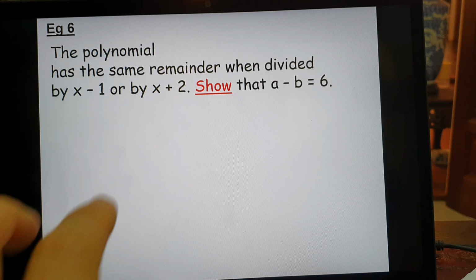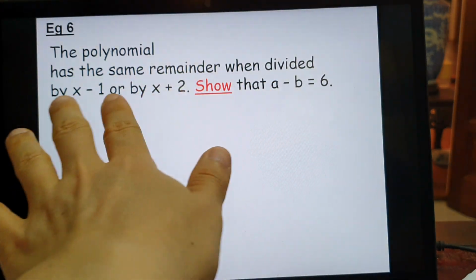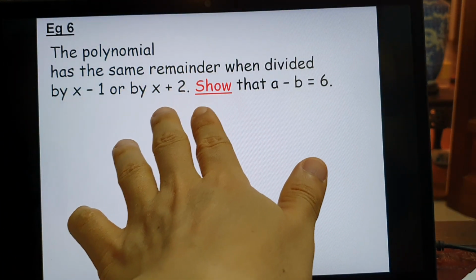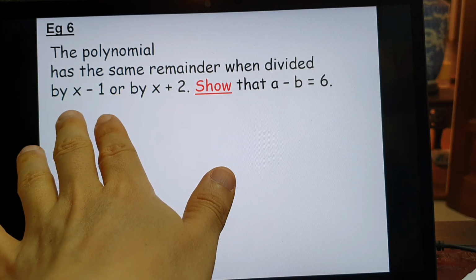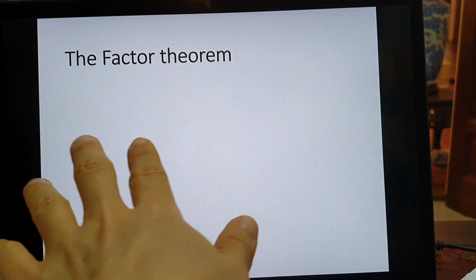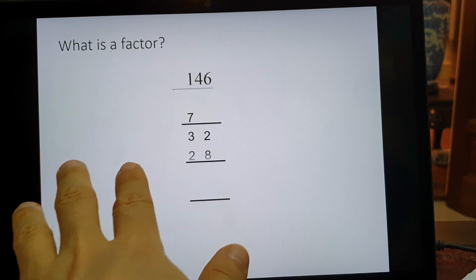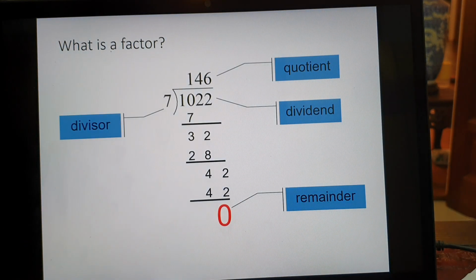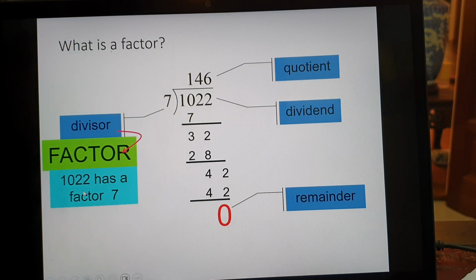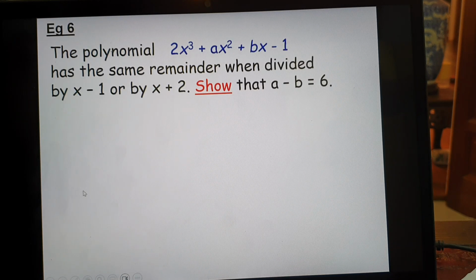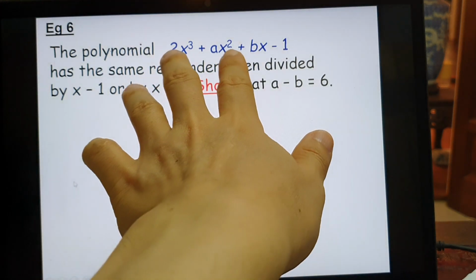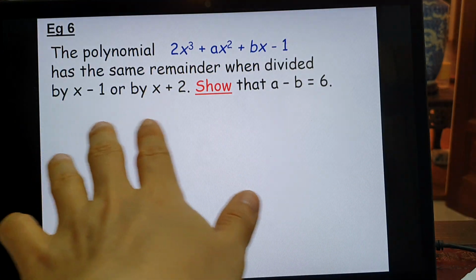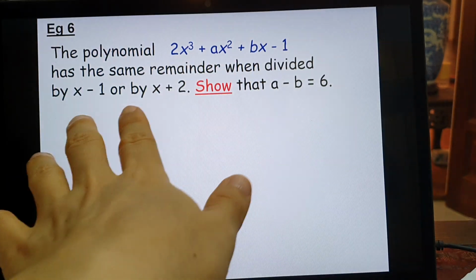It has the same remainder when divided by this or this. So what you do is, this one, you give it a name first. I think they didn't show you the working, but never mind, I'll just roughly tell you. You can call this f, give it a name first.